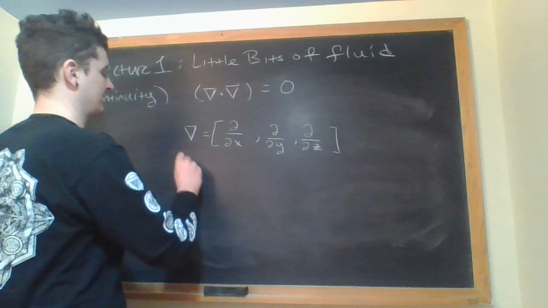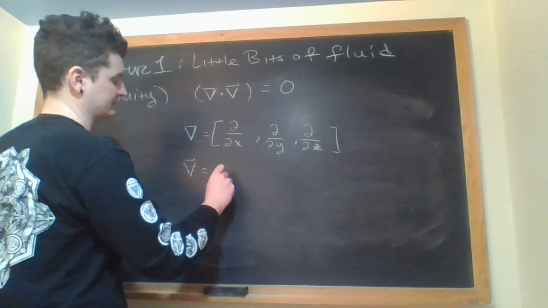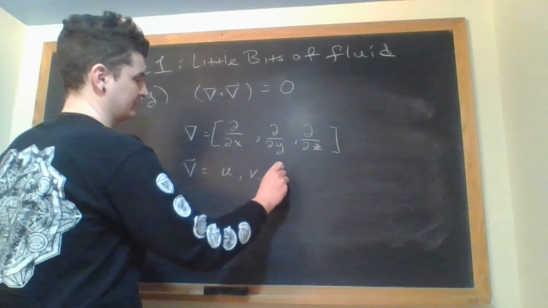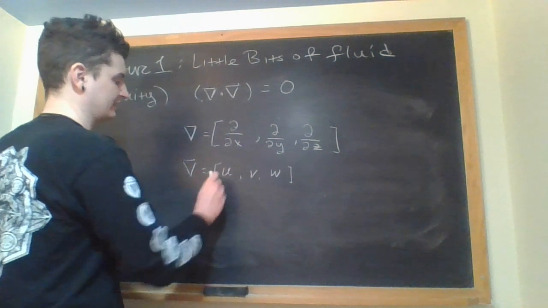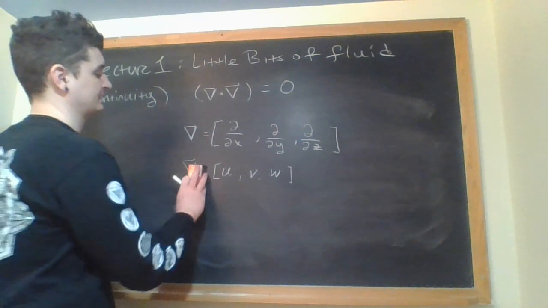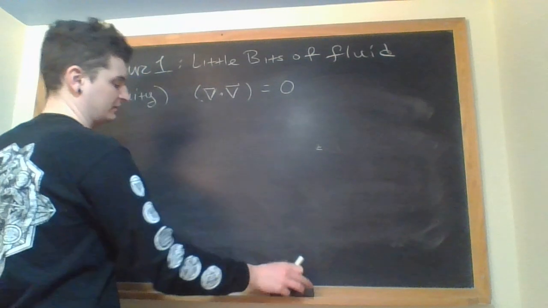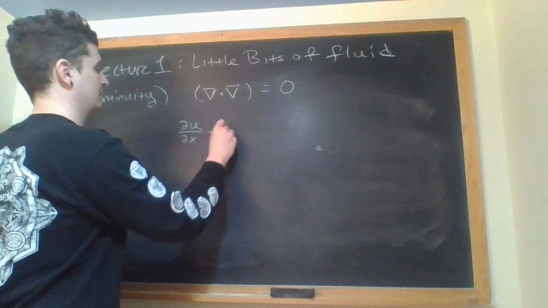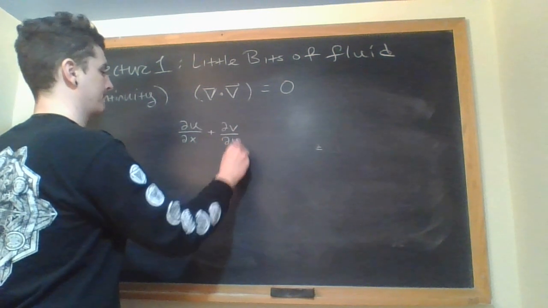What do you get? The vector itself is the u velocity, the v velocity, and the w velocity. So if we dot those things together, you can do a component version of continuity, which is this.